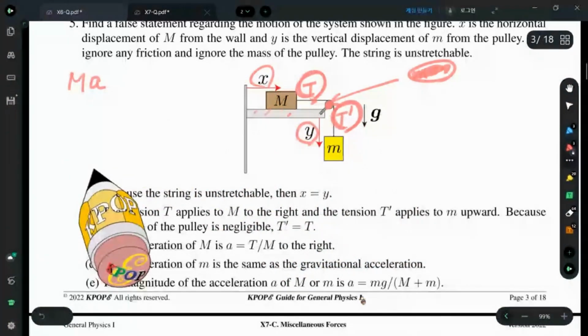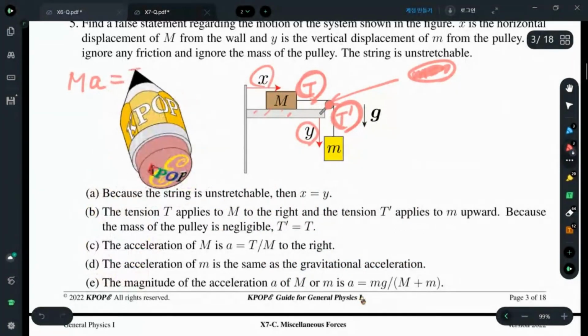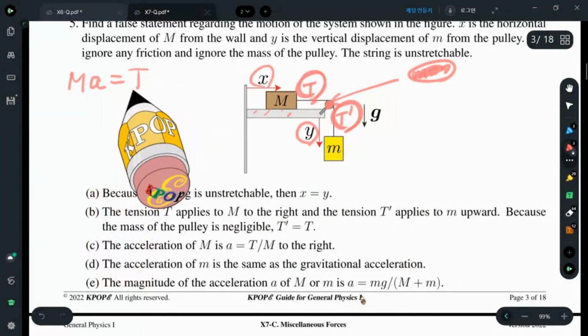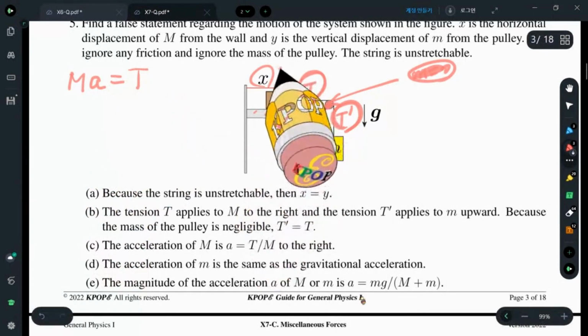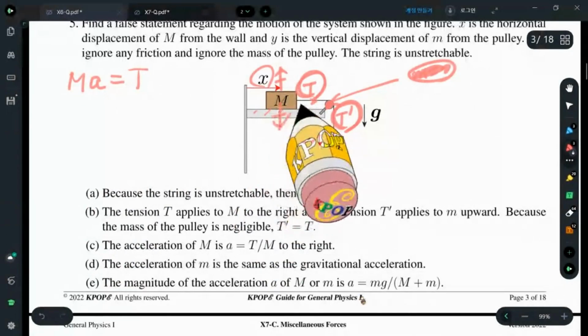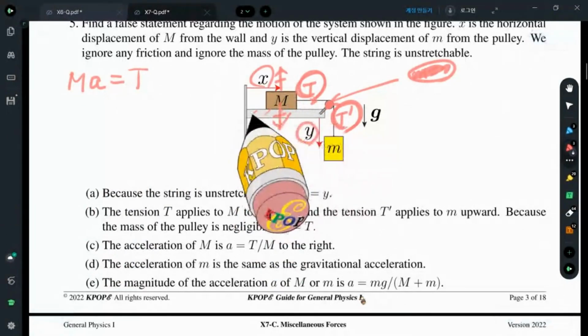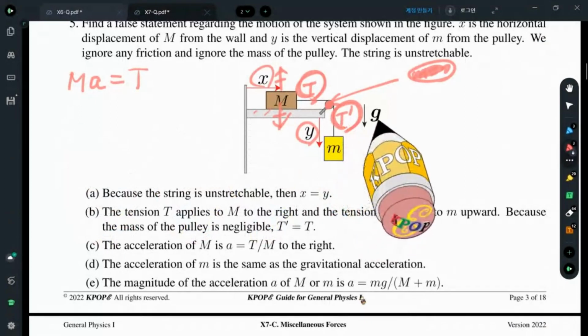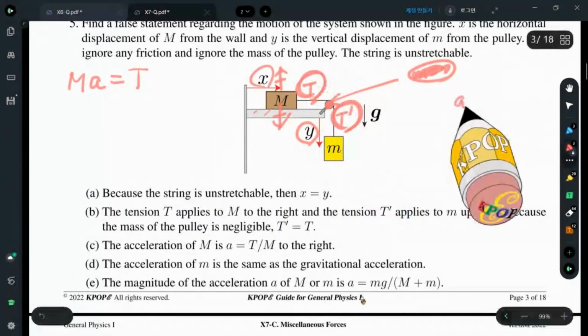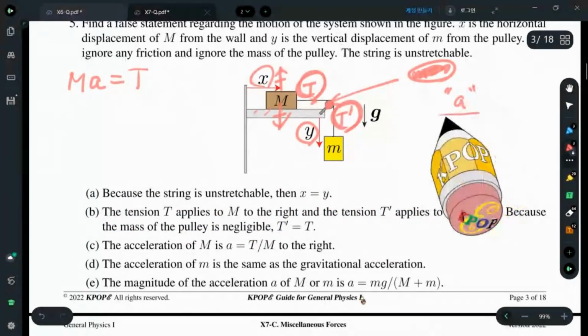It has an acceleration, and its net force is tension only. Sure, there is a mass, there's a weight, but that is exactly canceled by the normal force of the shelf. And then why don't we consider the magnitude of A only?